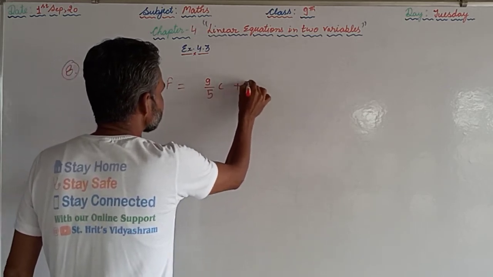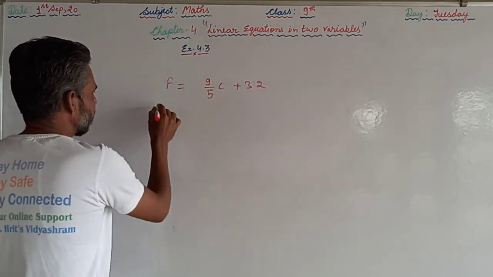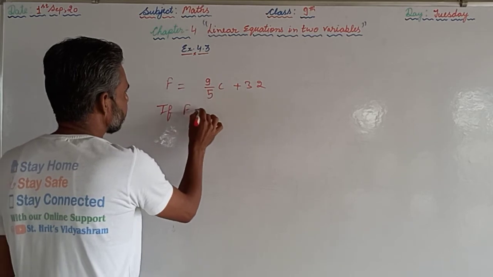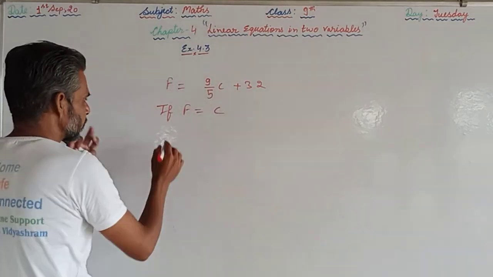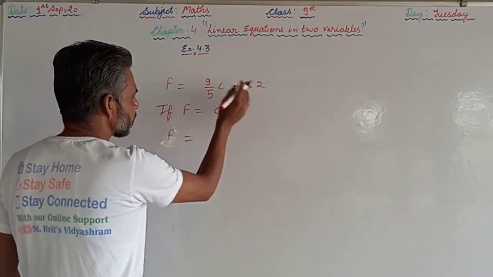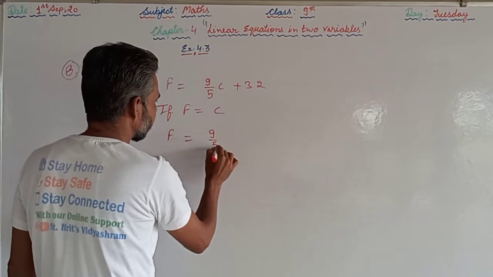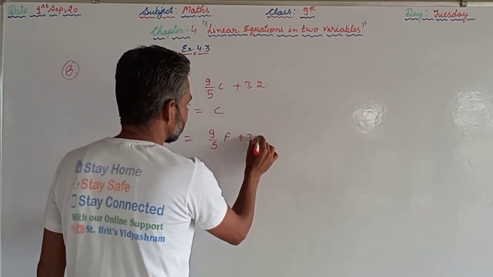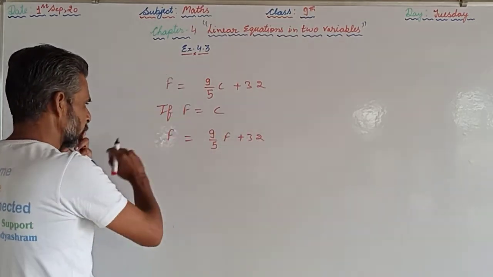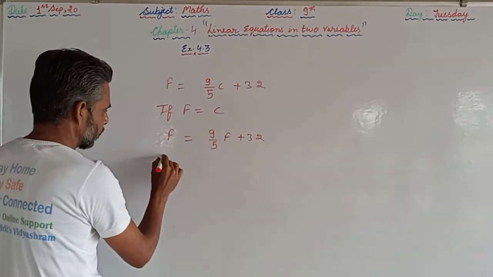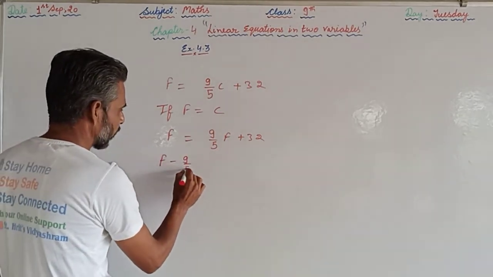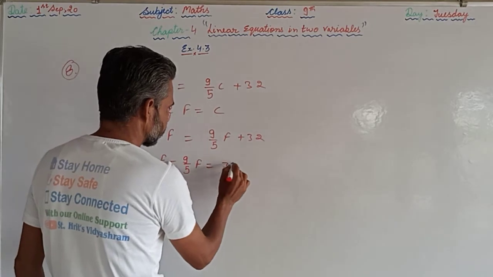C plus 32. Here if F is equal to C, then in place of C we write F plus 32. So we collect F on one side: F minus 9 upon 5 F is equal to 32.